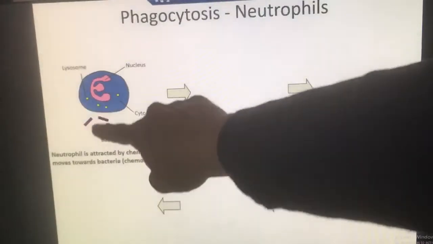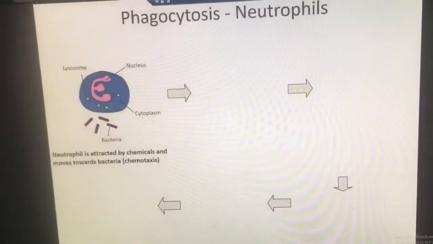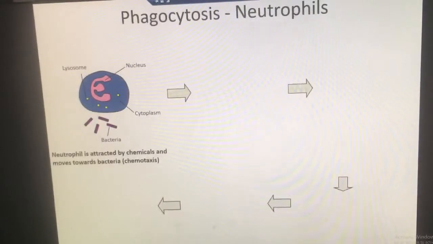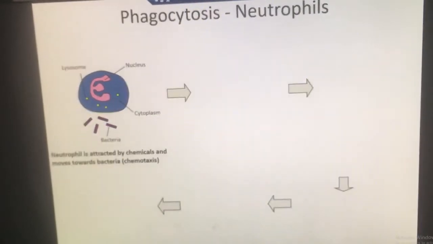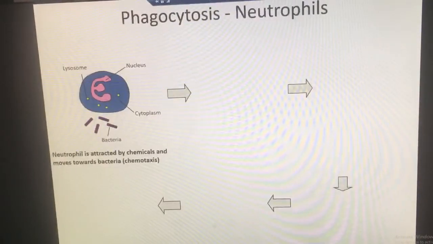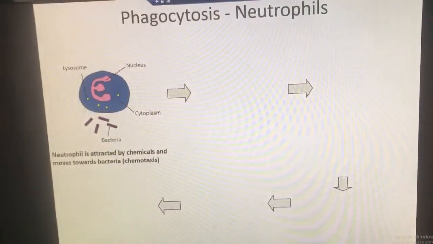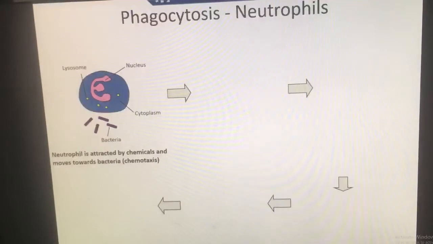If our pathogenic microorganism gets past the physical barriers of the body, or the mechanical barriers, or the chemical barriers, if it enters into the body tissue fluids or lymph fluids or blood, then the neutrophil will be attracted towards that pathogen, and it will move towards the pathogen.